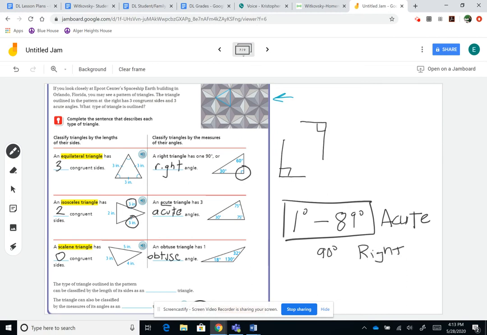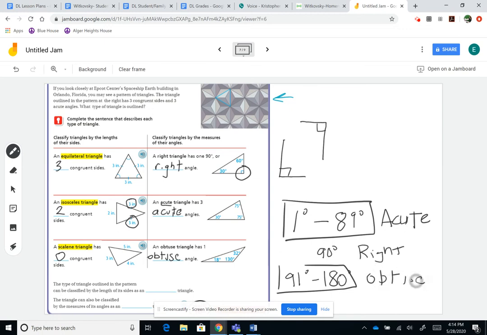And anything above 90 degrees, so 90 degrees would be the smallest obtuse angle you could have. And for flatline purposes, 180 would be the biggest you'll see. Now, when you get to middle school, you'll see bigger ones, and those have a different name, but they are all obtuse.